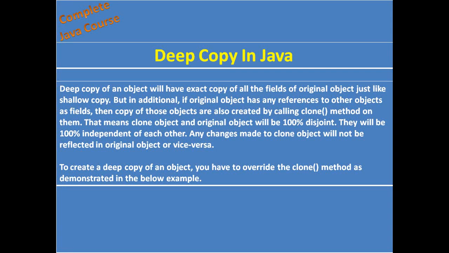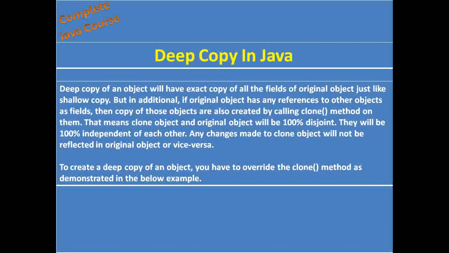That means the clone object and the original object will be 100% disjoint. They will be 100% independent of each other. Any changes made to the clone object will not be reflected in the original object or vice versa. To create a deep copy of an object, you have to override the clone method as demonstrated in the below example.